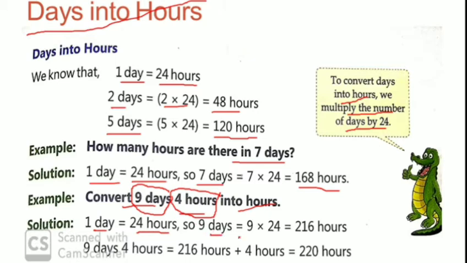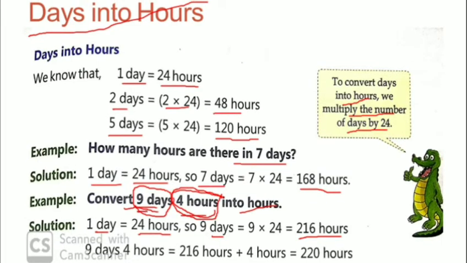So 9 days is equal to 9 into 24, that is 216 hours, and we have 4 hours extra. This becomes 216 hours plus 4 hours, which gives us 220 hours. So 9 days 4 hours is equal to 220 hours.